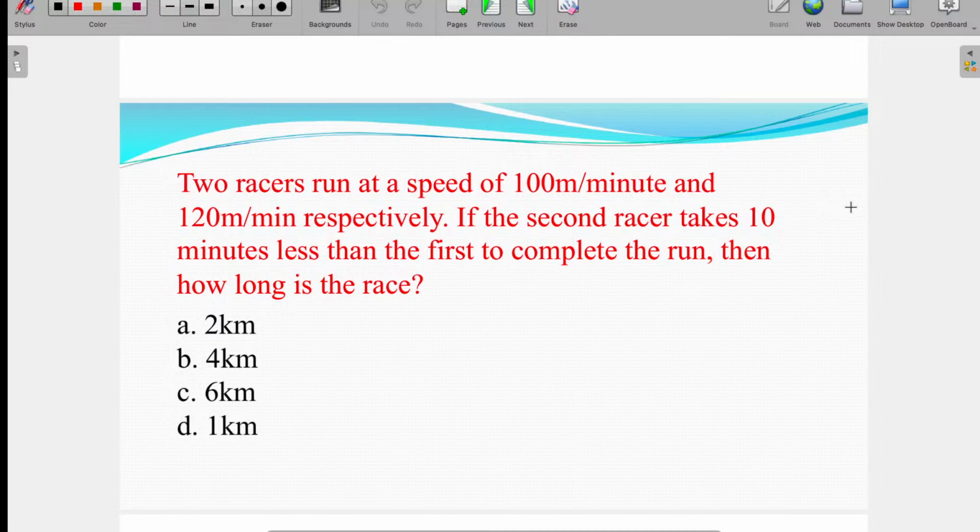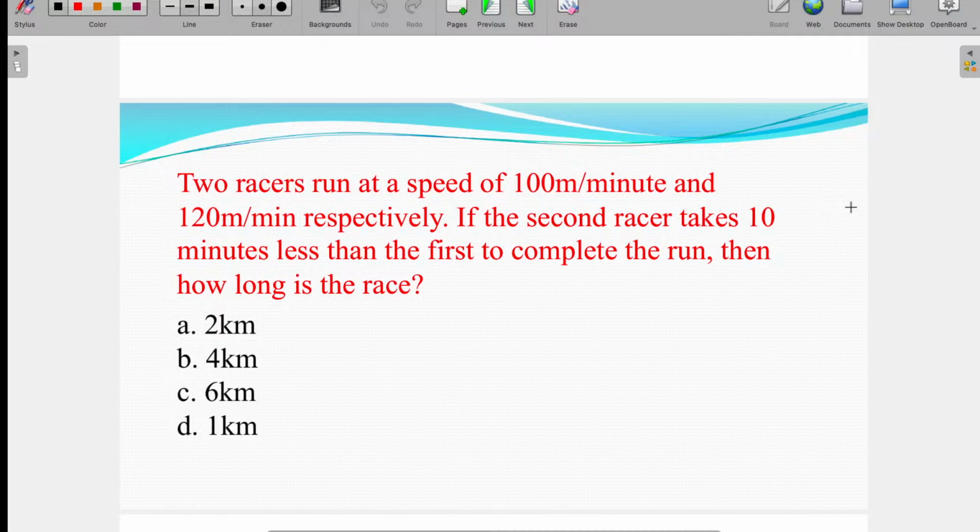Try this same concept. Anyone? Two racers run at speeds of 100 meters per minute and 120 meters per minute respectively.